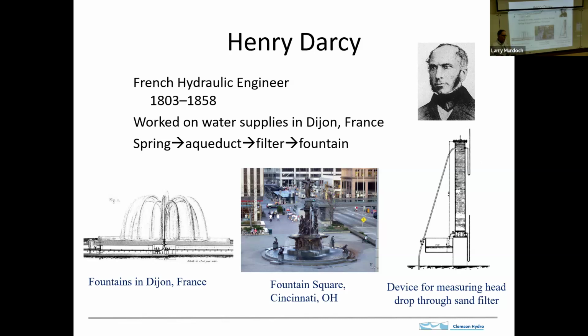So what they would do is go outside of town and bring in water from an aqueduct. At least that's what Darcy was doing at this place in Dijon where he was working. Some places they had wells and other things, but the way that they would get water distributed to people was with fountains in the middle of the town.